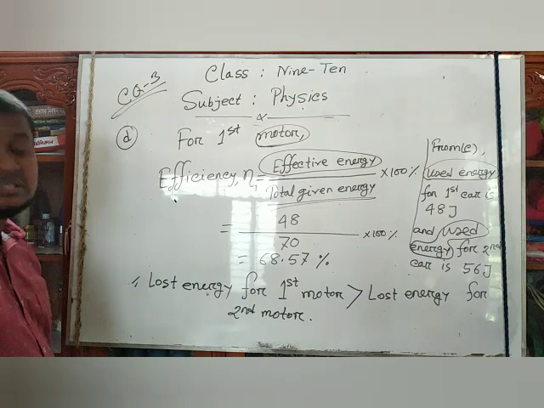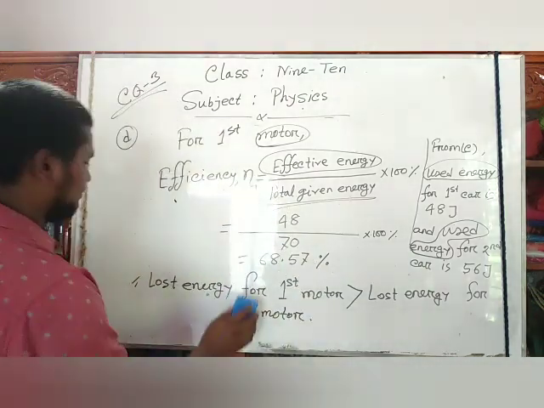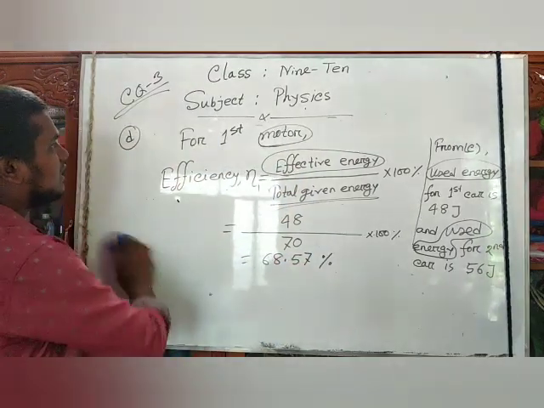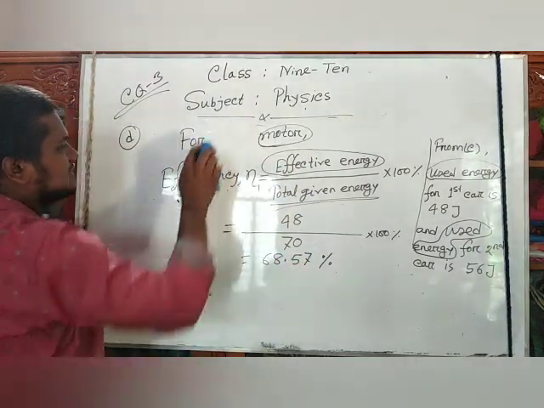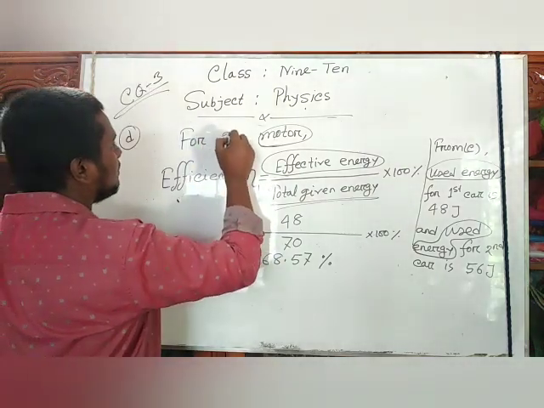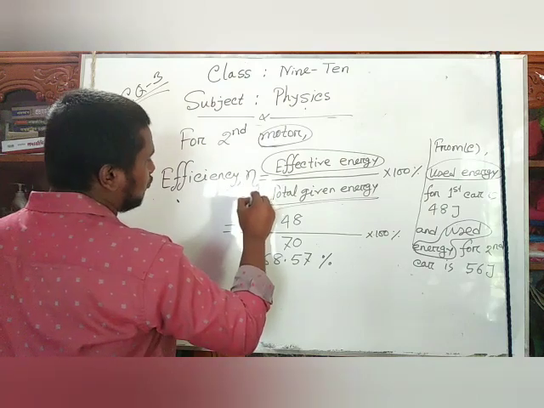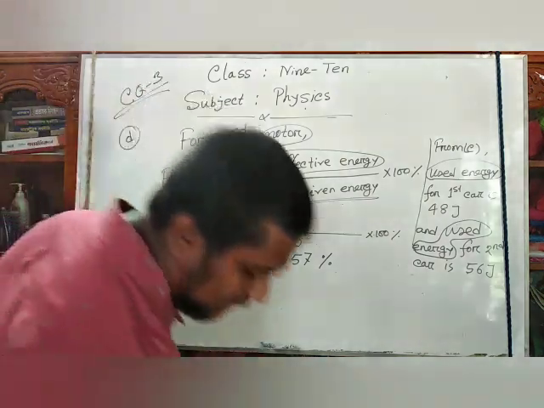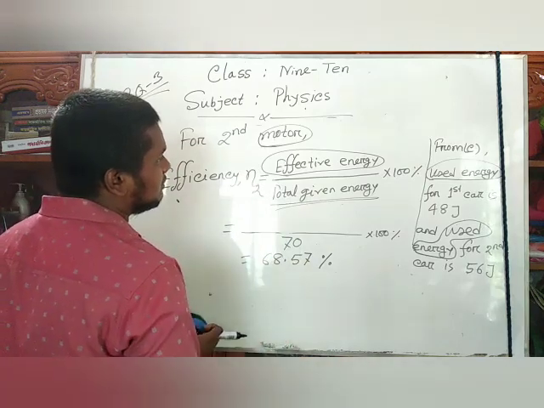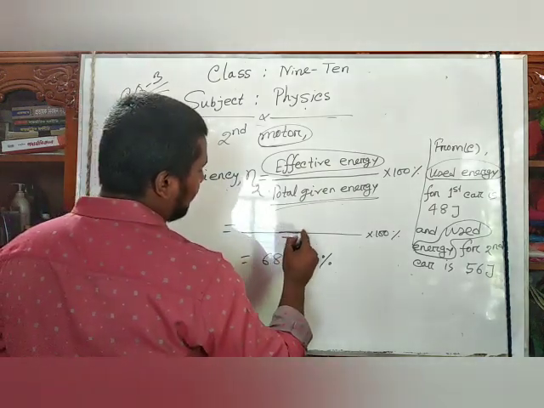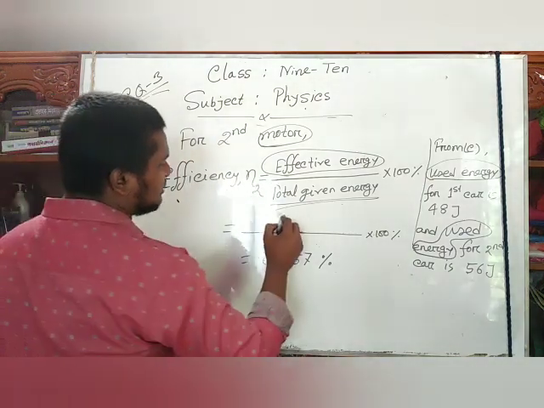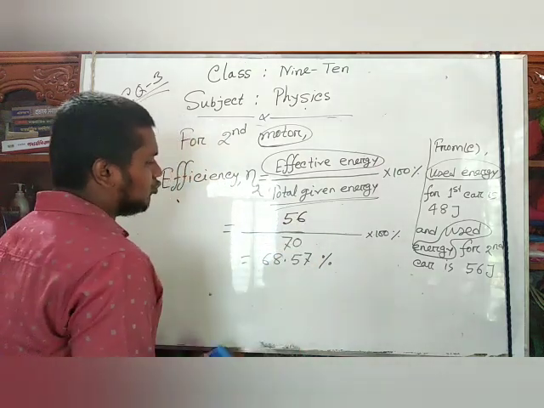Now we calculate the efficiency of the second motor. The formula is the same, which is denoted by eta 2, and if we input the value of effective energy or used energy for the second car, which is 56 joule, then what do we see?